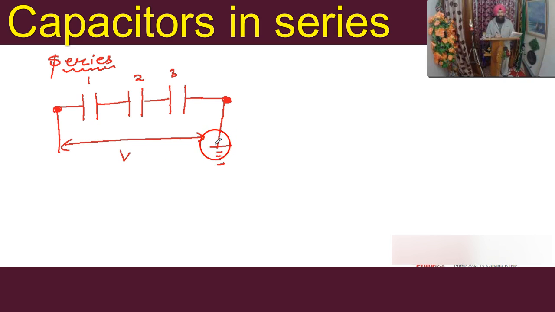Now some potential is given here, so this plate will get some charge. Let the amount of charge here be plus Q. Now what happened? These are metallic plates in the form of the English letter H. Induction will take place.